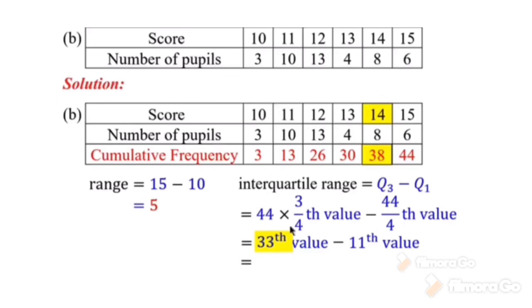So 31, 32, 33 all have score 14. The 4th until 13th have score 11, so the 11th value is 11. So 14 minus 11, the answer is 3.